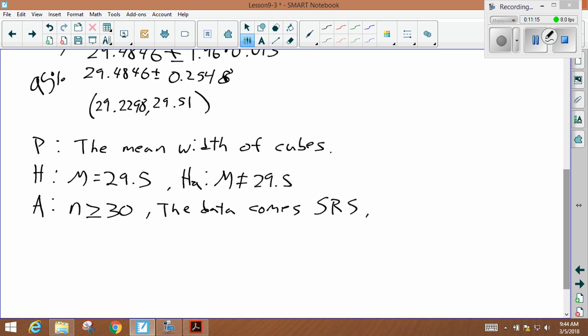And do we think that 50 times 10 is going to be less than or equal to the entire amount of cubes produced? Yeah, for sure. I'm sure they make a lot more than 500. Yeah, cool. And we're going to do a t-test.